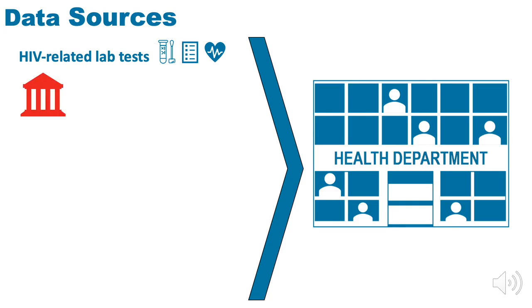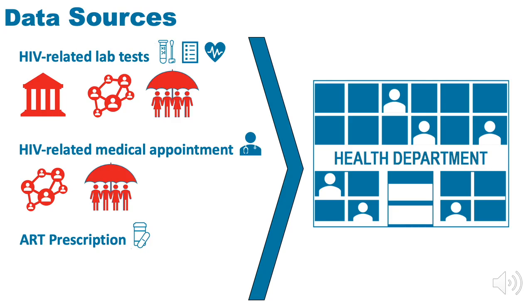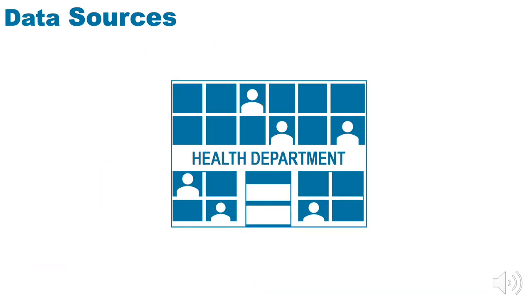We get this from required health reporting, programmatic data reporting, and insurance reporting. Second, we collect information on anyone who has had an HIV-related medical appointment. We get this from programmatic data reporting and insurance reporting. Finally, we collect information on anyone who has an ART prescription. We get this from programmatic data reporting and insurance reporting.